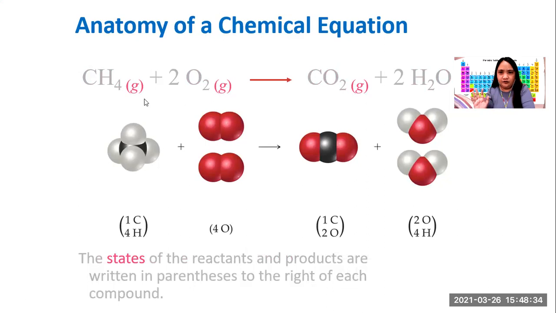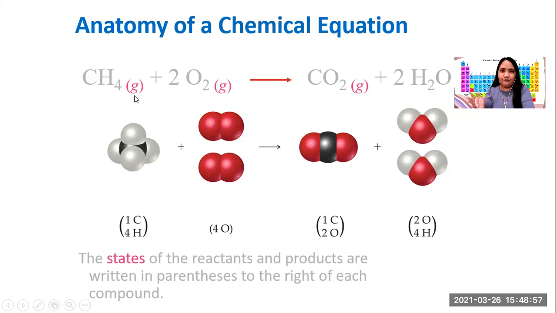You can also see notations like this one. You can see here something like a G, G, G, maybe perhaps in other materials you've seen L or you've seen S. So these are states of matter. When it's G, it means this is gas. S is for solid. L is for liquid. It says here the states of the reactants and products are written in parentheses to the right of each of the compound.